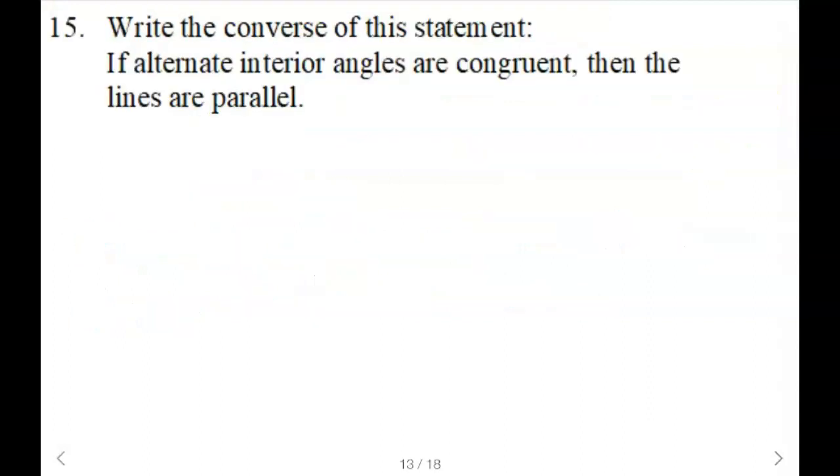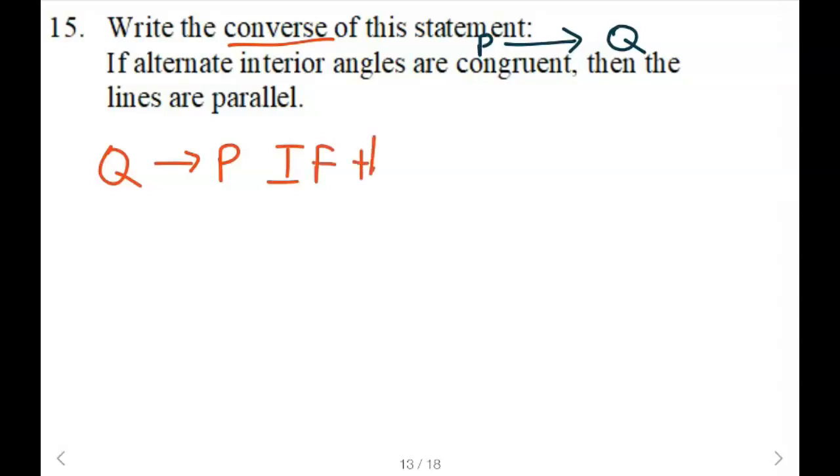15, the converse. So the conditional says if P then Q. The converse will say if Q then P. Converse reverses the conditional. So we can say if the lines are parallel, then alternate interior angles are congruent.